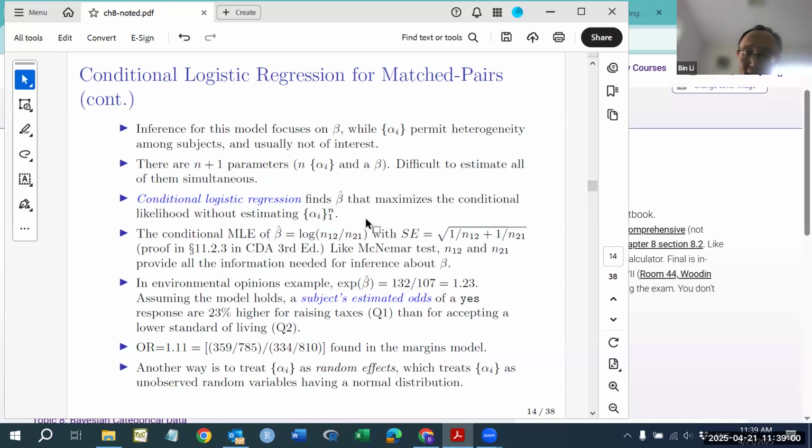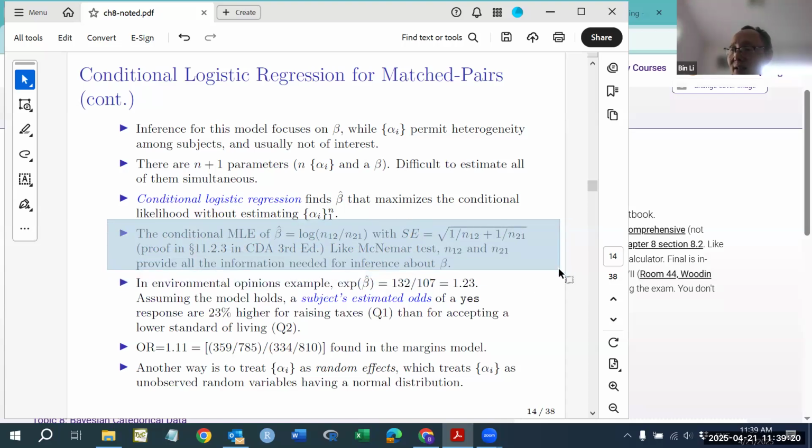So that is found in the marginal models. You can see there is a difference between using the GEE for the marginal models and using the subject-specific models. Okay, so which one is better? Personally, I prefer this one.